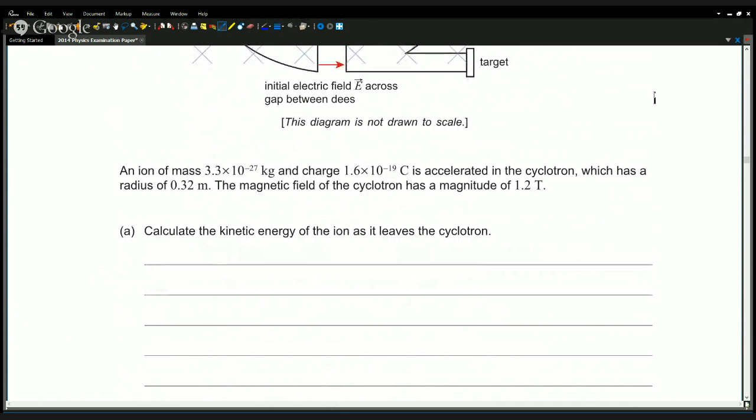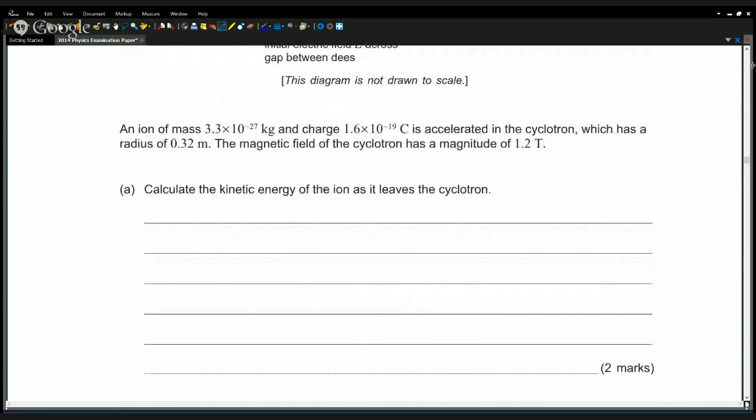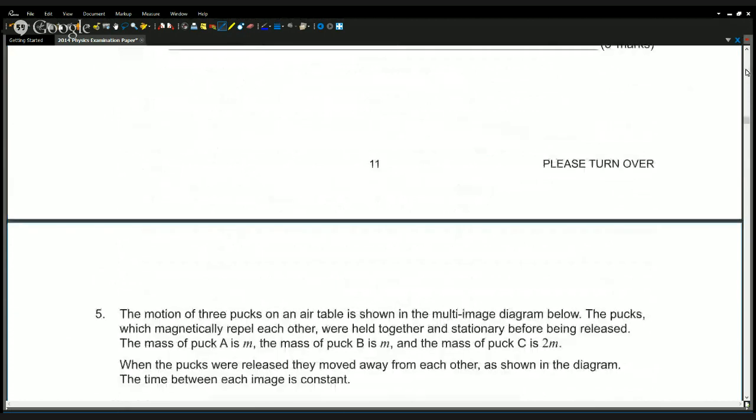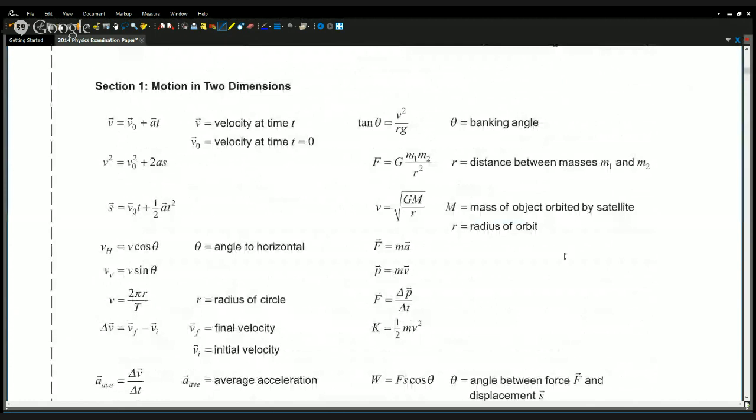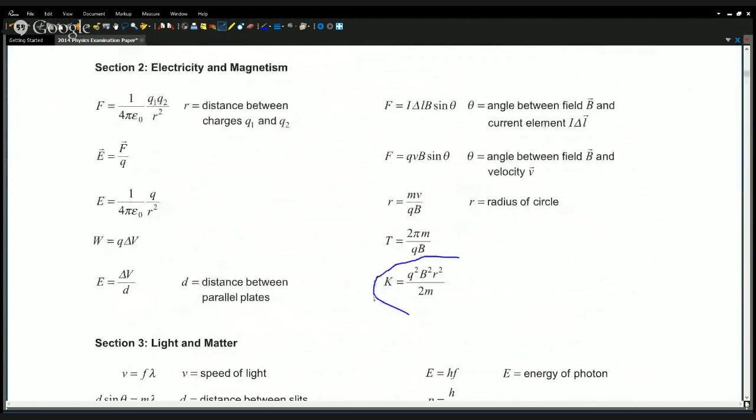Now, what page are we on? Page 18. You can go back to your equations and find this one. This is the final kinetic energy for cyclotrons, on the second page.